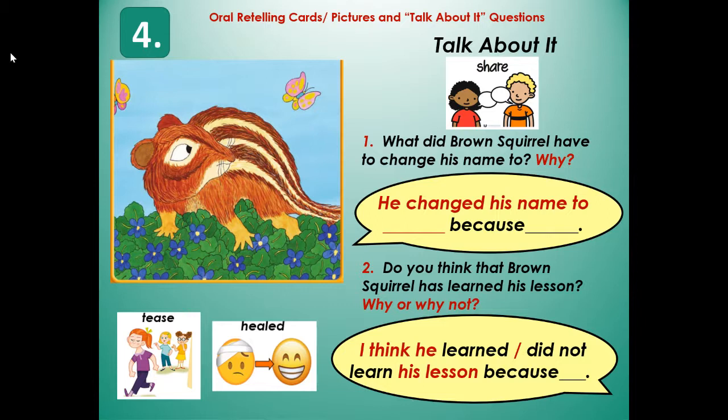Well, I think he learned his lesson because just looking at his face, he looks kind of regretful and he wishes he didn't have the stripes going down his back. And he may look a little nervous because Brown Bear was after him. So I think he learned his lesson because he has stripes now permanently down his back. And that's a reminder not to tease other people.